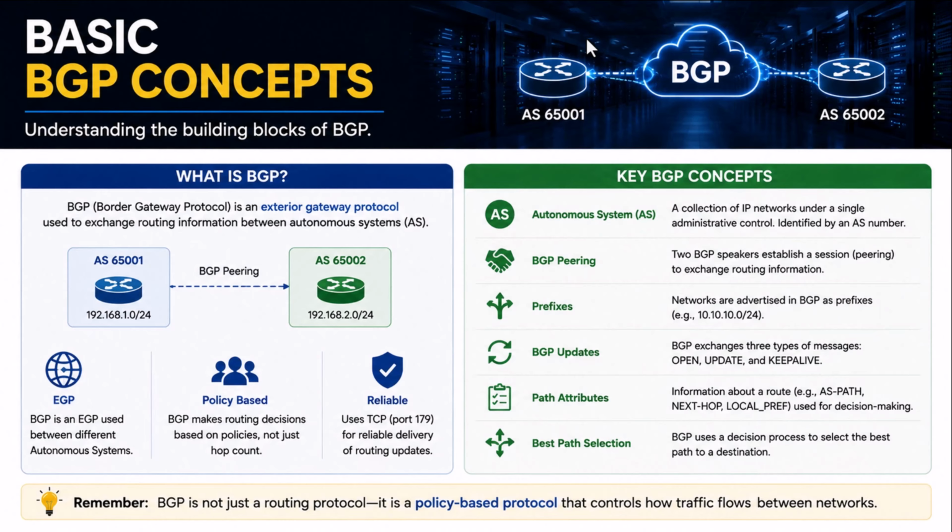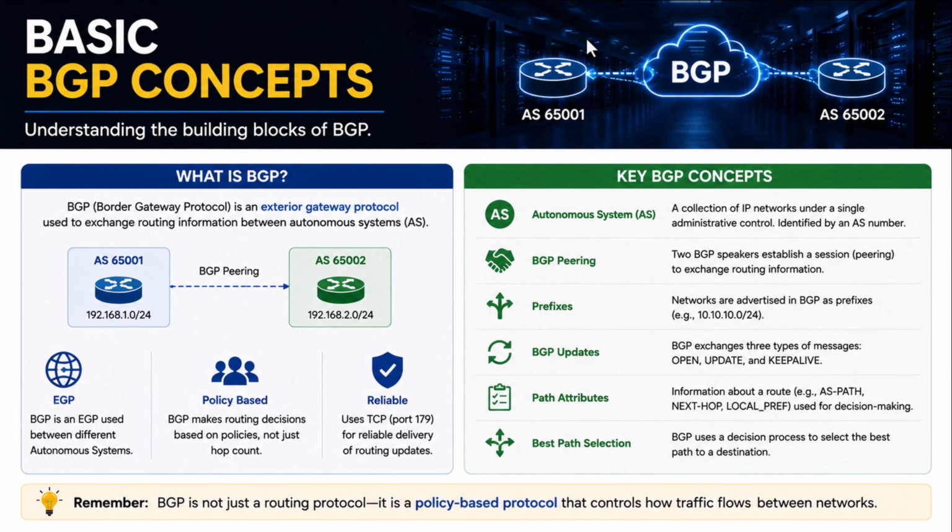For example, one organization may use AS 65001 and another may use AS 65002. BGP devices create neighbor relationships called peering sessions. When two BGP routers become neighbors, they can exchange routing information.